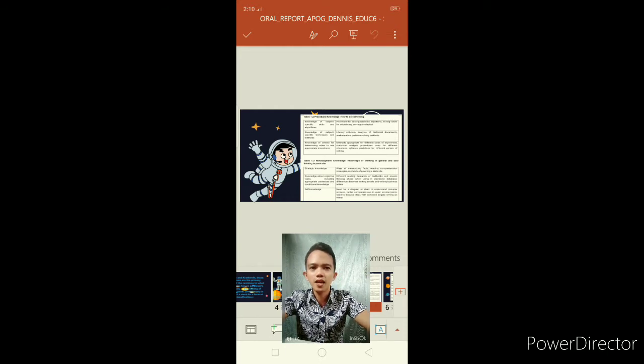Activities could be literary criticism, analysis of historical documents, and mathematical problem-solving methods. The last one is knowledge of criteria for determining when to use appropriate procedures. This could be methods appropriate for different kinds of experiments, statistical analysis procedures used for different situations, syllabus guidelines for different genres of writing.